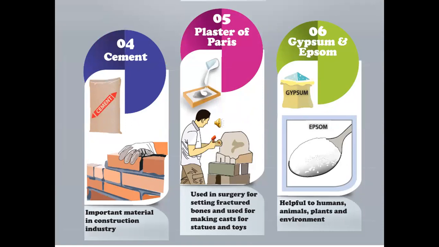In the ancient period, houses were constructed using a mixture of lime, sand and wood. At present, people widely use cement for construction of houses, dams and bridges.